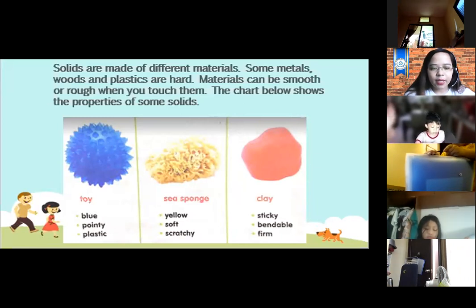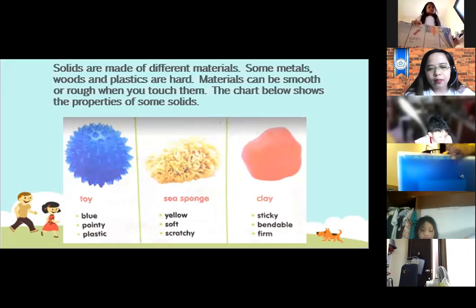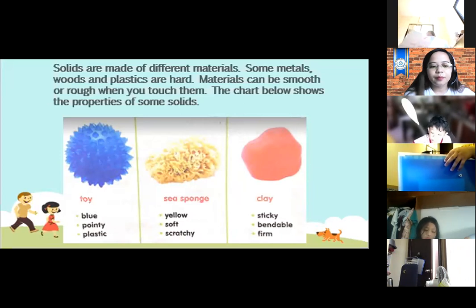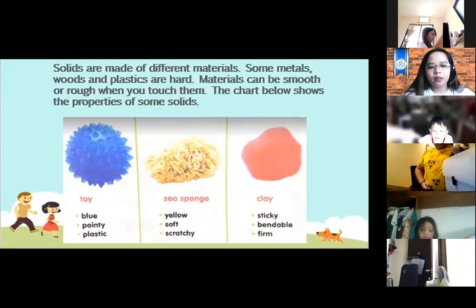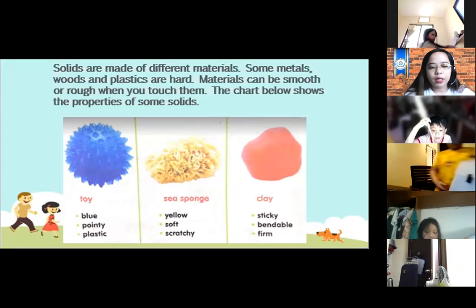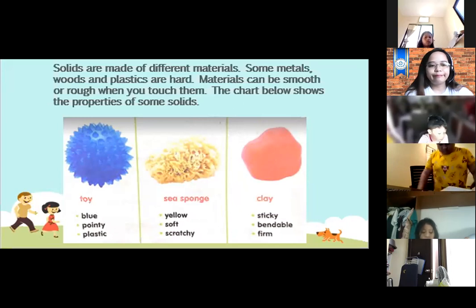Any solid thing, so check for the solid things, and then let's take a look at that. This is solid.